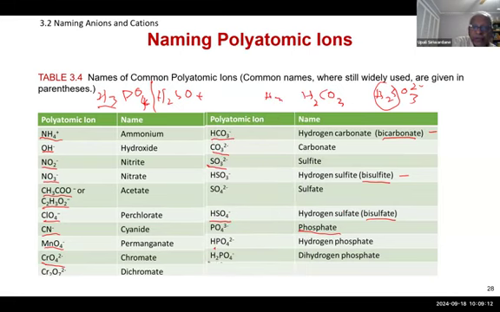When you lose 1, it's dihydrogen phosphate. When you lose 2, it is called hydrogen phosphate. When you lose all 3, it's called phosphate. So please try to look at these formulas and remember charges and the names.